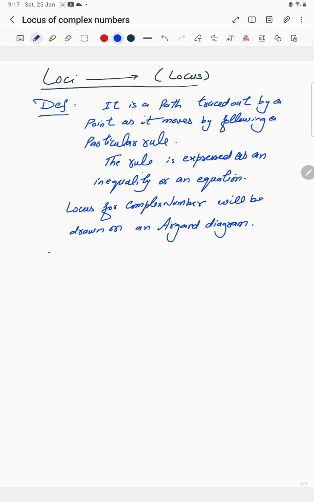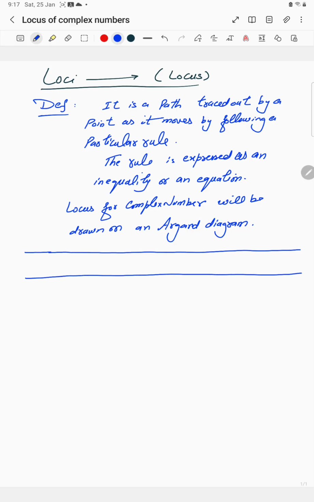Guys, here I'm going to generalize the three types of locus that are going to be discussed as a part of our syllabus for A levels.